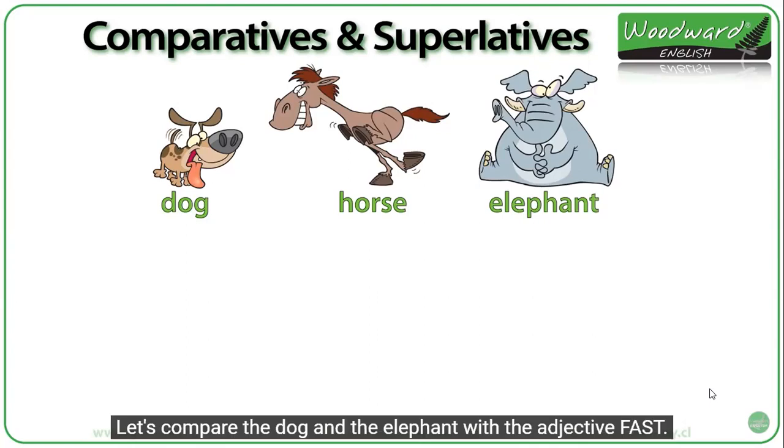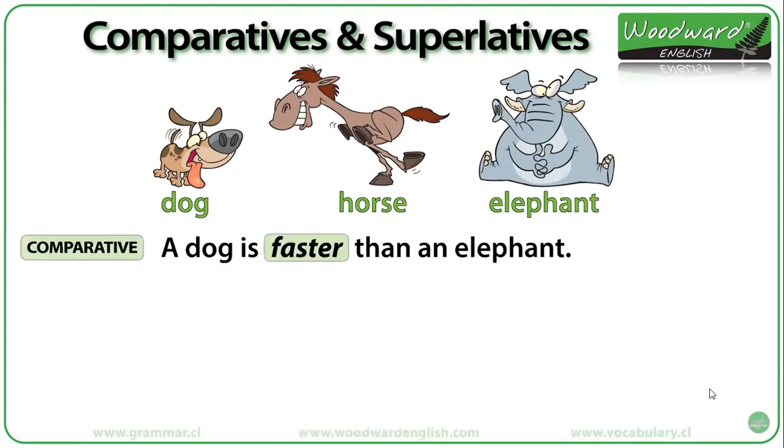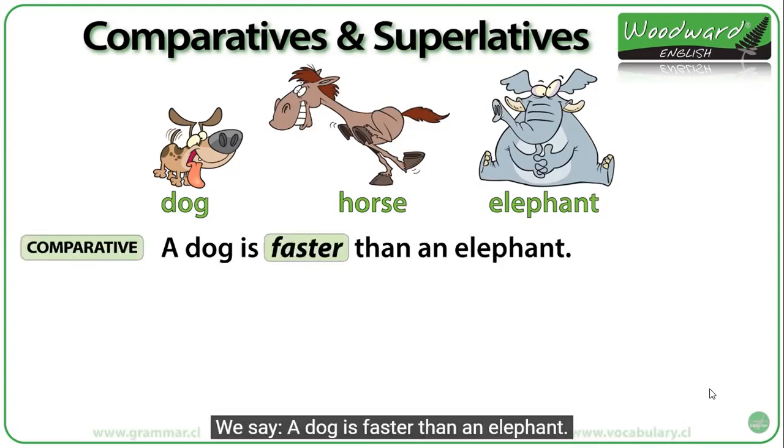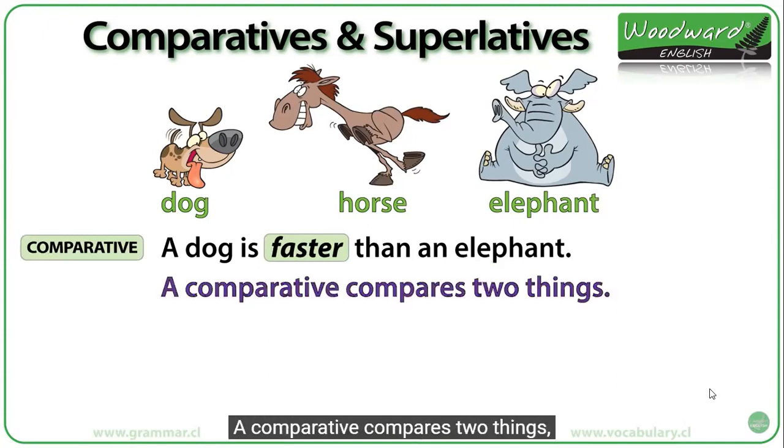Let's compare the dog and the elephant with the adjective fast. We say a dog is faster than an elephant. Faster is a comparative. A comparative compares two things. In this case, a dog and an elephant.